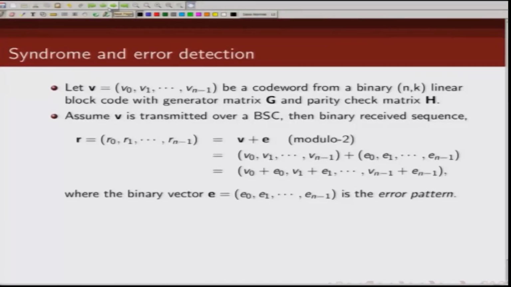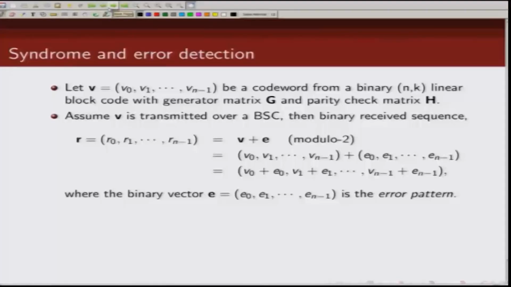So, let us assume that we have a code word which is encoded using a linear (n,k) block encoder. So, we have an output of the encoder which is coded bits of length n.